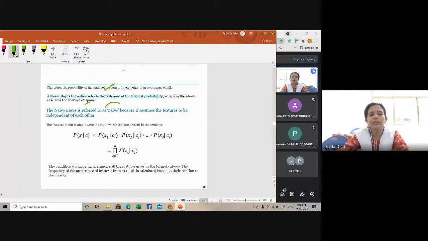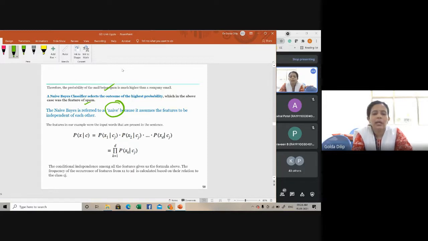Why do we call it naive? We call it naive because it assumes the features to be independent of each other. The occurrence of certain features, or all the features, it assumes to be independent of other features. They are not dependent.